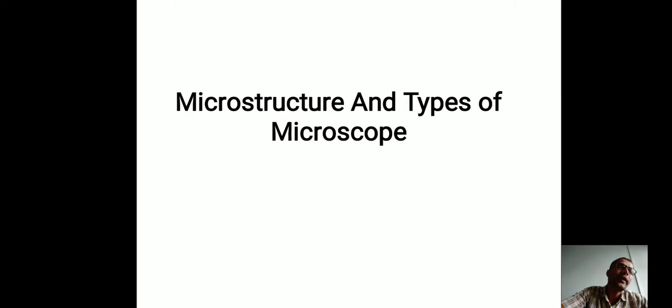Means we have discussed if we perform those five operations of sample preparation properly, means sectioning, mounting, then grinding, polishing and etching. If we perform these five stages of sample preparation on the job or the section properly, then what happens?